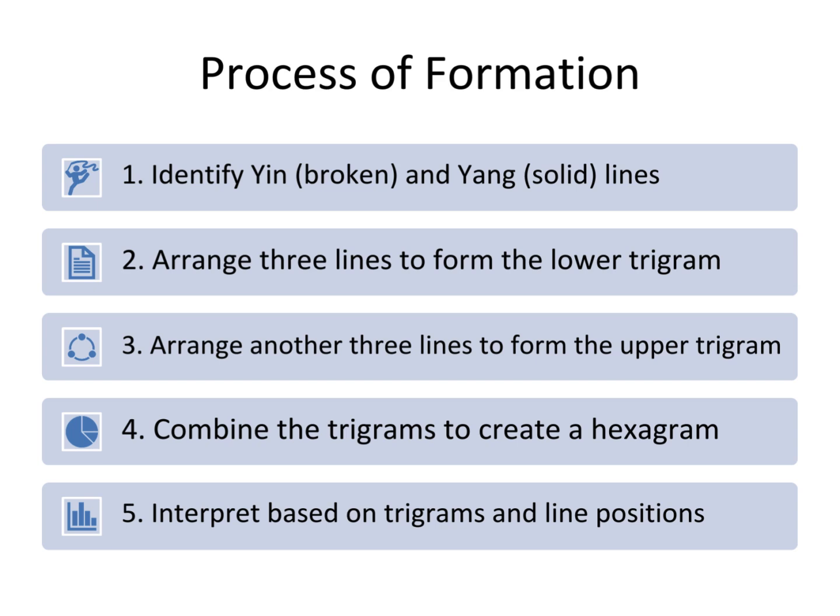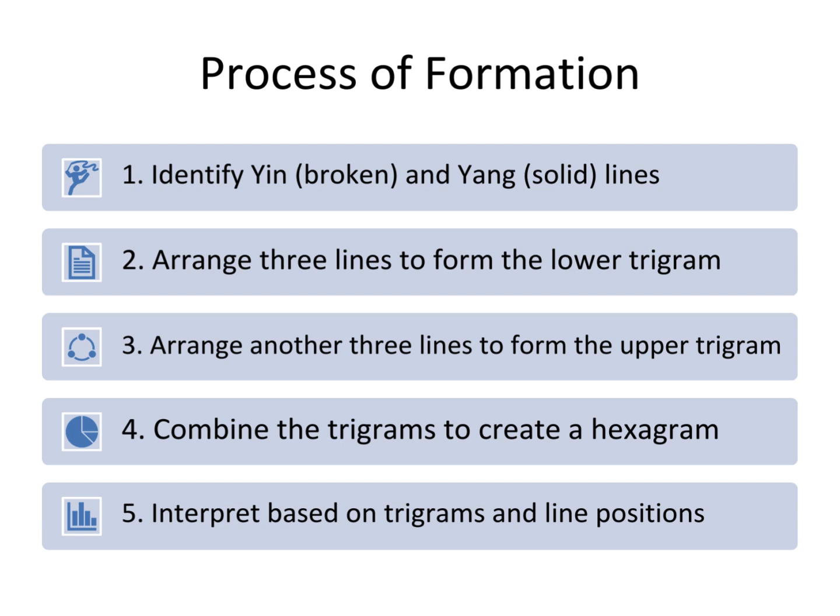Next, arrange three lines to form the lower trigram. This initial arrangement sets the foundation for our hexagram. I want to emphasize the word foundation. That would be the first trigram, the lower trigram, that is.